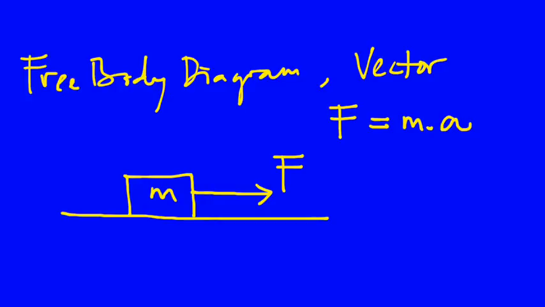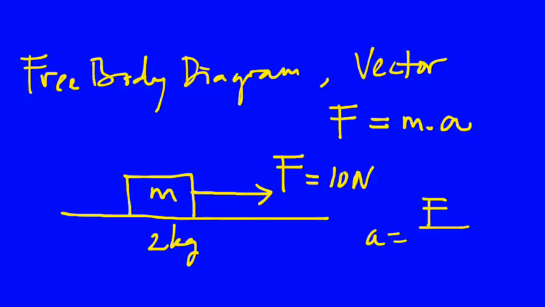For example, if the force is 10 Newton and the mass is 2 kilogram, therefore the acceleration will be the force 10 divided by 2 kilogram. So you get 5 meter per second square.